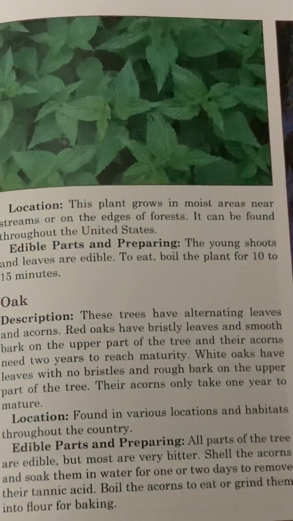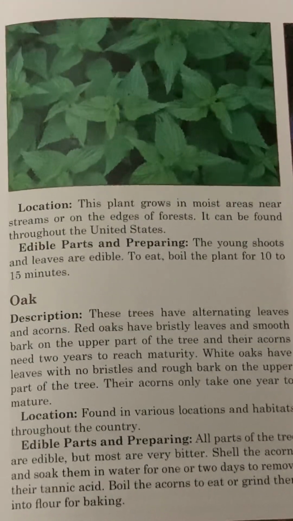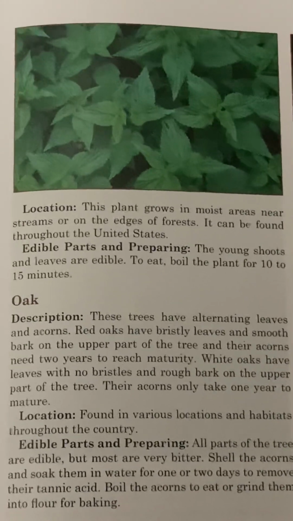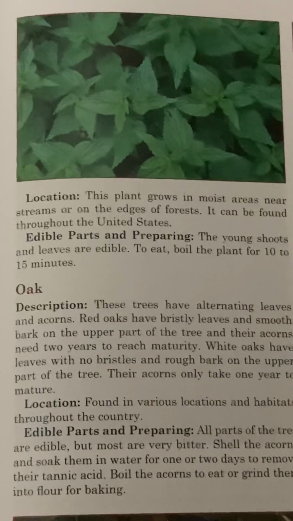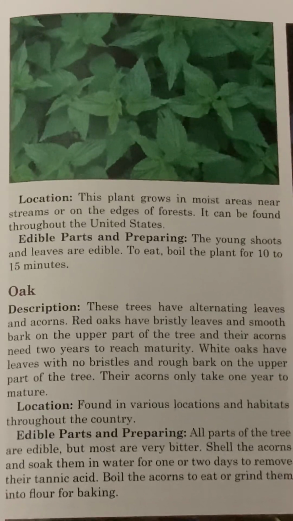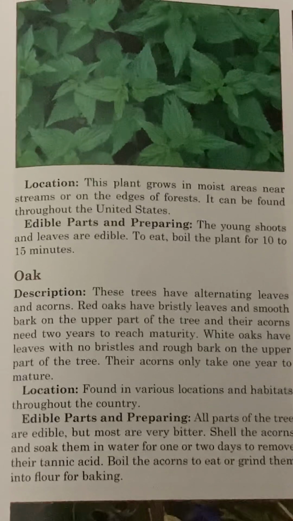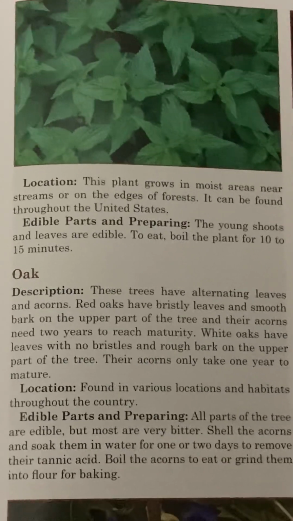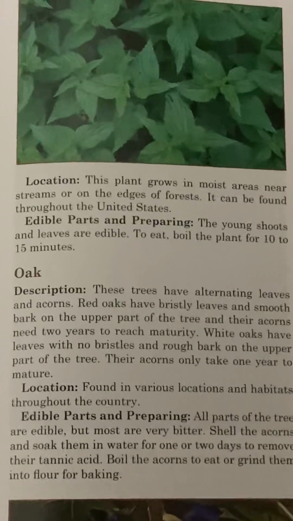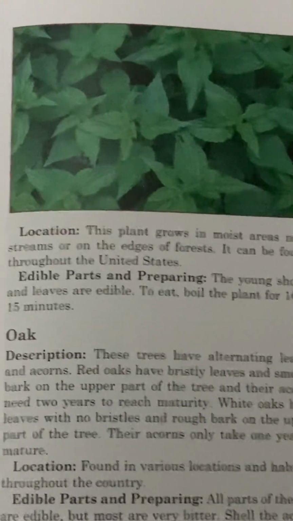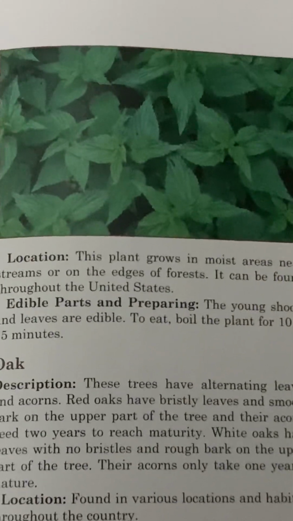This plant grows in moist areas near streams or on the edges of forests. It can be found throughout the United States. Edible parts and preparing. The young shoots and leaves are edible. To eat, boil the plant for 10 to 15 minutes. That's a picture of the nettle plant.